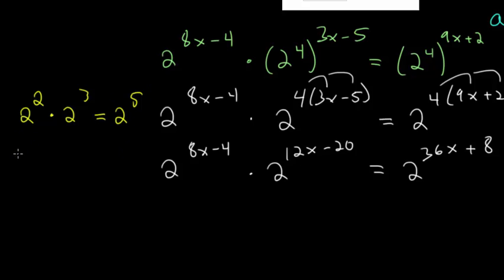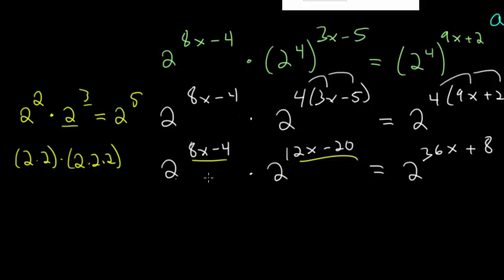So 2 squared is really just 2 times 2, and 2 to the third power just means take 2 and multiply it 3 times. So that's just 2 times 2 times 2. And you can see that there are, in fact, 5 2's multiplied together. So this property does make sense, and it does extend to variable or even fractional expressions here.